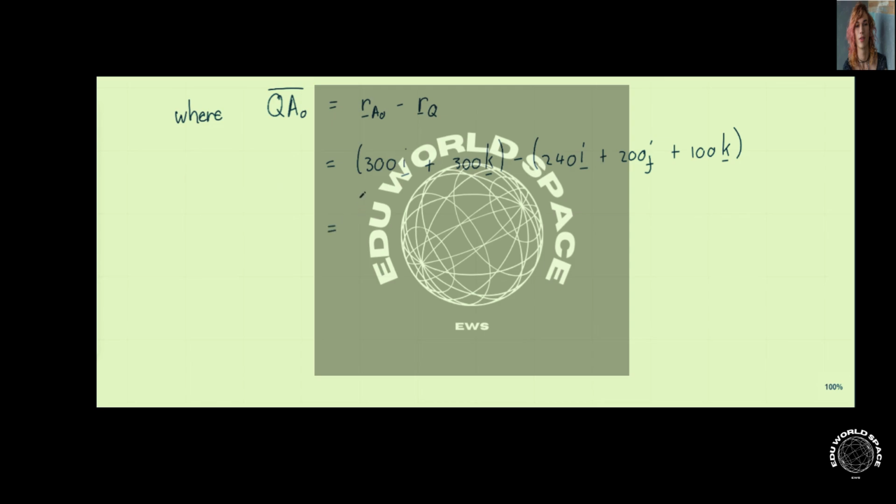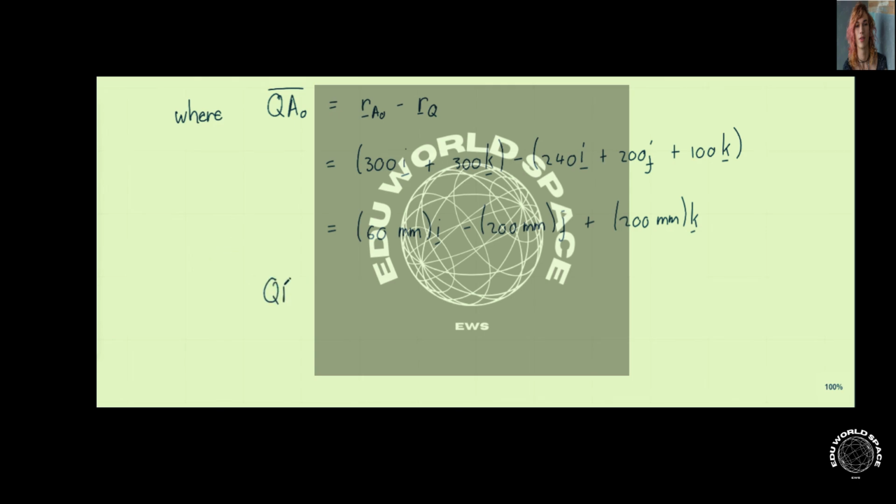And hence we get QA naught to be 60 millimeters I minus 200 millimeters J plus 200 millimeters K. Remember our positions here are measured in millimeters. So there's our vector QA naught.